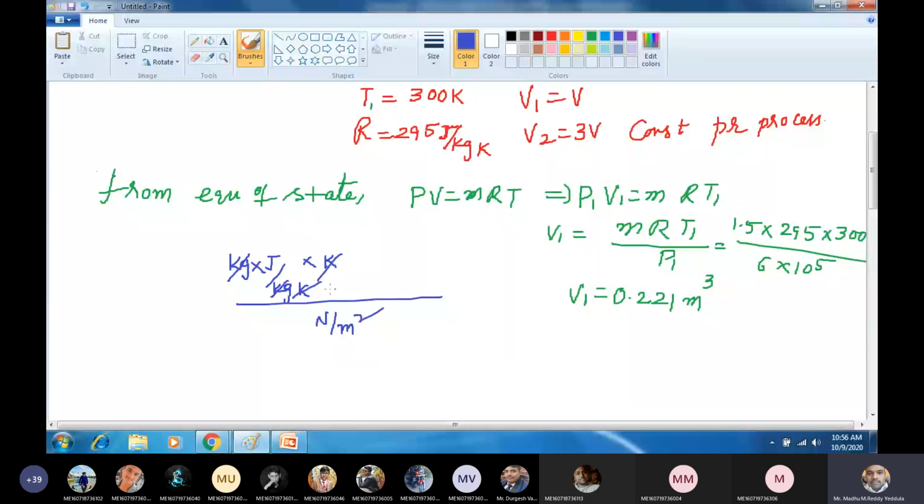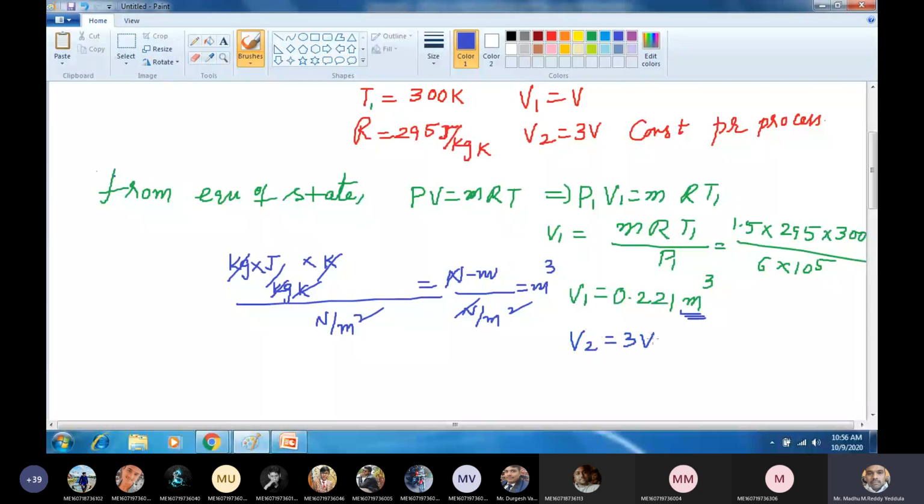So this is left with joule. 1 joule is called 1 Newton meter, divided by Newton per meter square. Again, Newton will be cancelled. You are left with meter cube. That is the unit for the volume. Clear now?